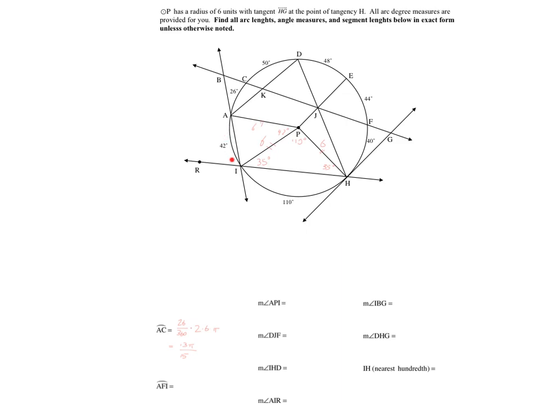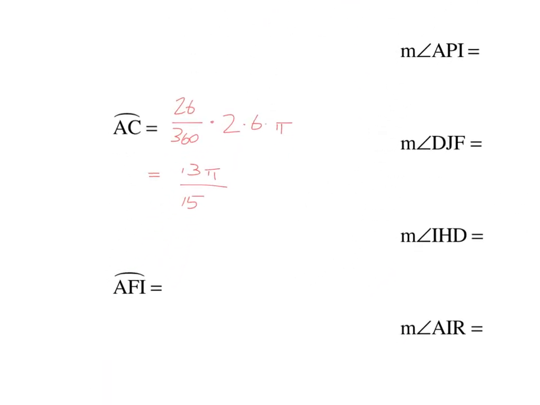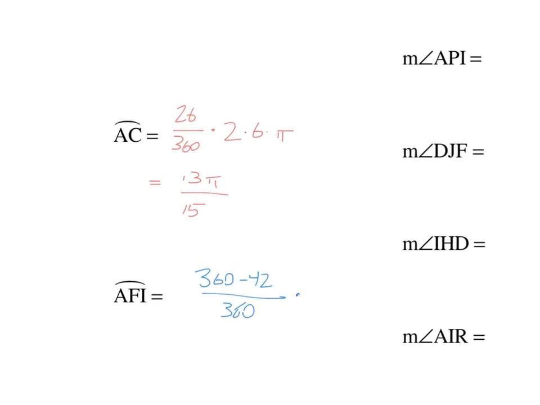So that's 360 minus 42, times 2 times 6 times pi. When we simplify that, we're going to get 53 pi over 5. That's the arc length there.